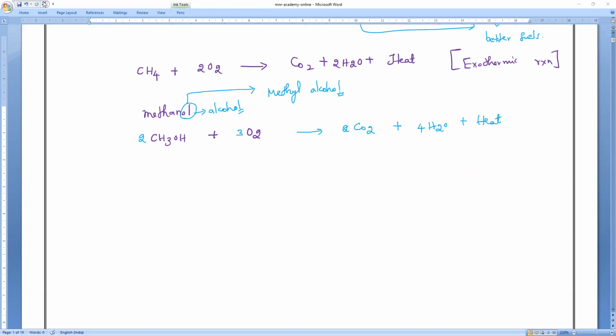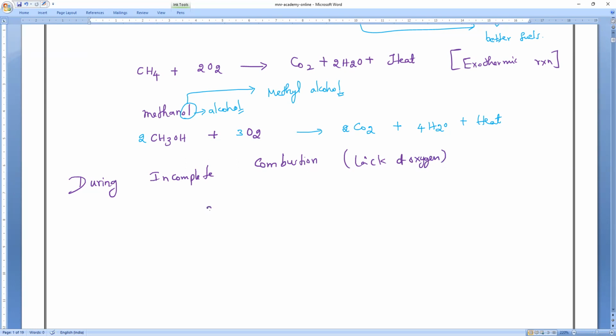If there is an insufficient supply of oxygen, what will happen? During incomplete combustion, or combustion with lack of oxygen, what do you mean by incomplete combustion? Lack of oxygen means there is no sufficient supply of oxygen.